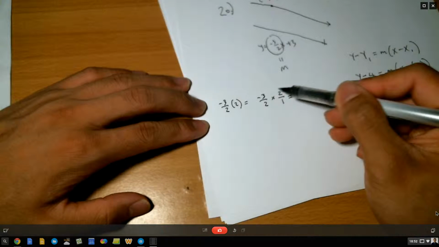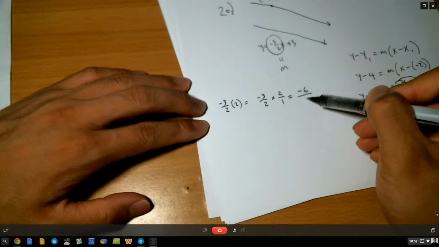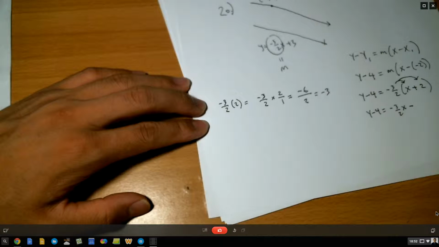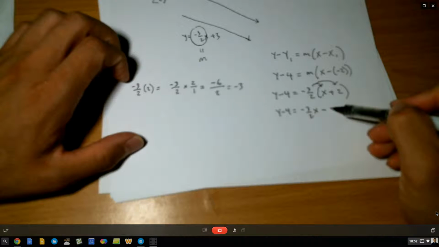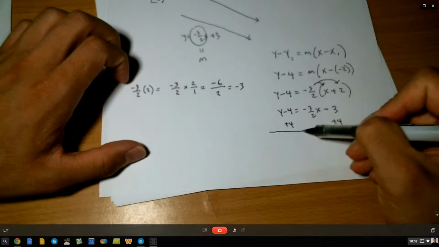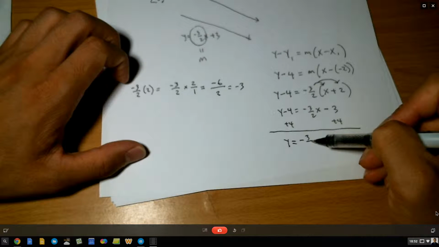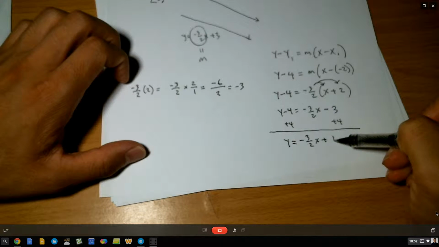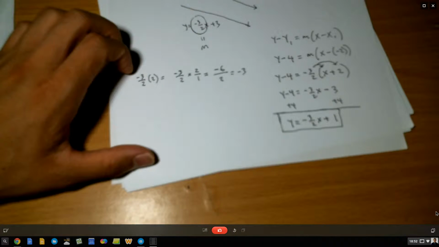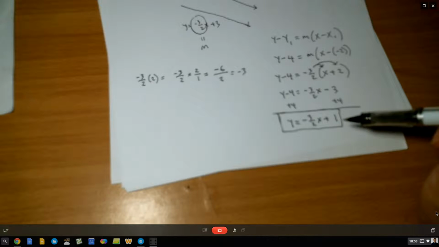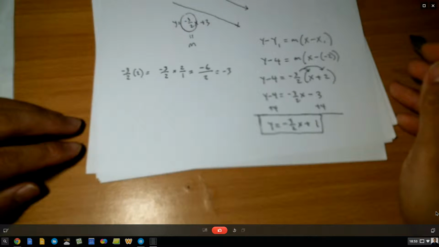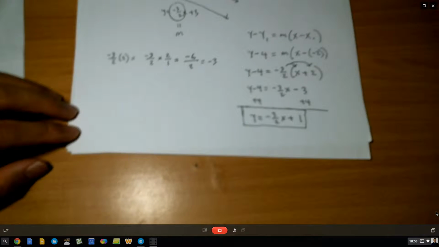So that is equal to -3 times 2, -6/2, which is equal to -3. So this part will just be -3. Now we add 4 on both sides. So we get y equals -3/2 x plus 1. Now we have the y equals mx plus b form, and this is pretty much what you can put onto the homework. You don't need to get it in standard form in this case. Okay? So that is our answer.